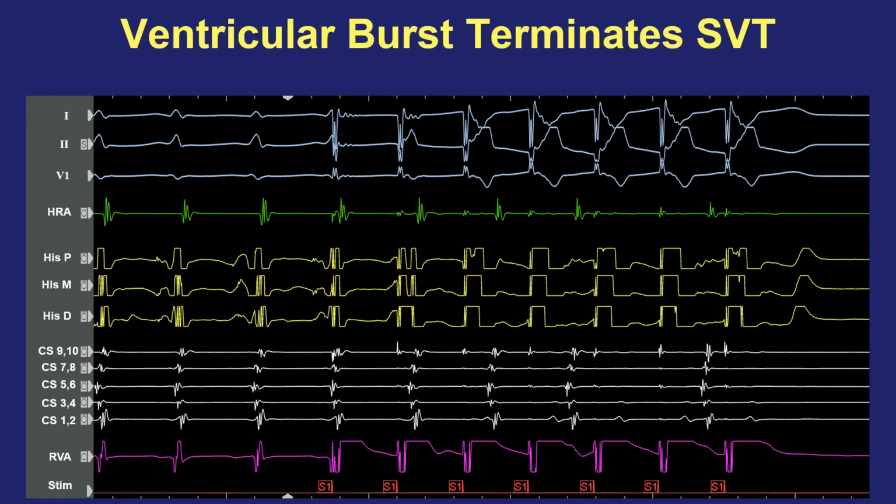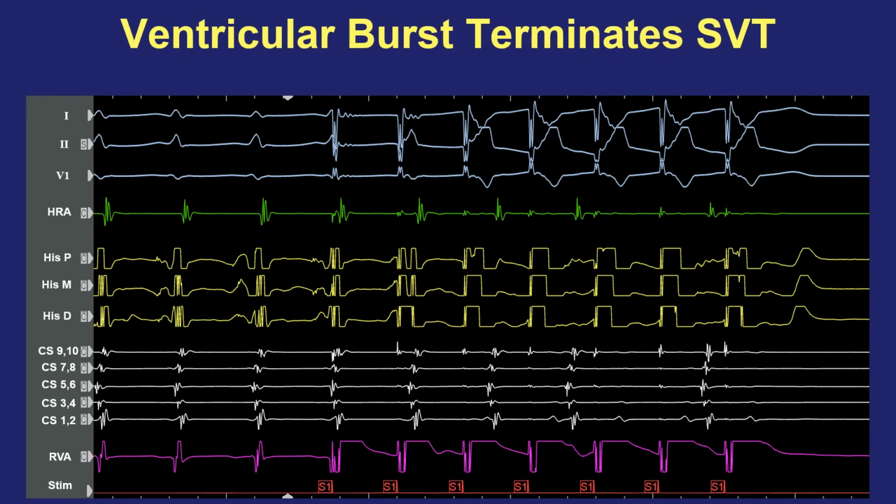I intended to entrain it to overdrive pace it because I was looking for a VAV or VAAV response. But before you reinitiate tachycardia, go back and look and see how this terminated, because there might be some useful information there. And in this case, there is.